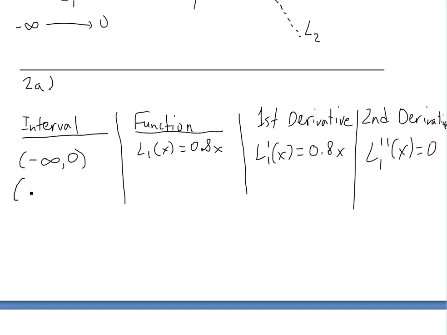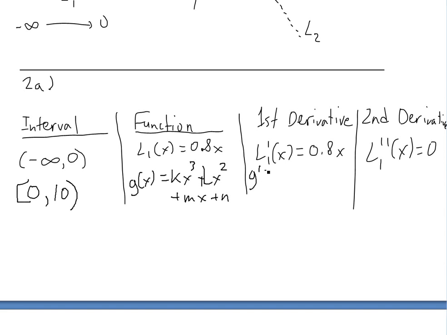And then now it's going to be from a closed bracket at 0, that's defined there, and then up to 10, with an open bracket, not defined, for the next function. So this one's going to be our cubic function, g of x equals kx cubed plus lx squared plus mx plus n. If we take the derivative of this one, we'll get g prime of x, and I'll show you why we do this, because we can use it to develop a system of equations.